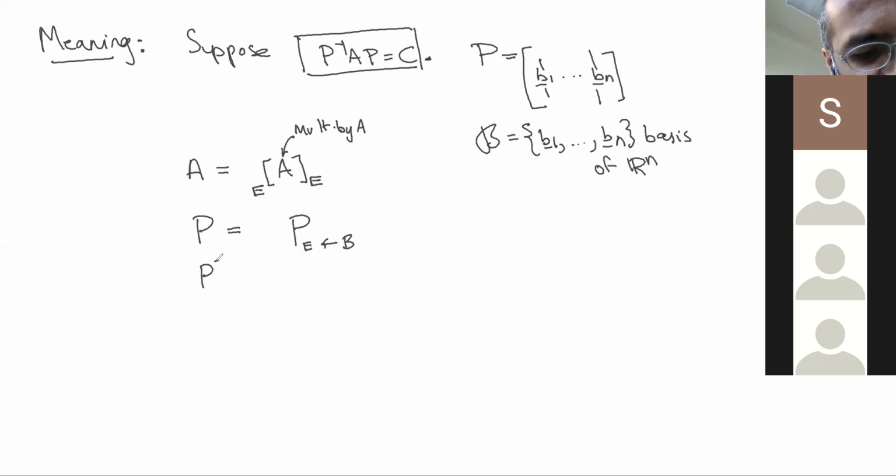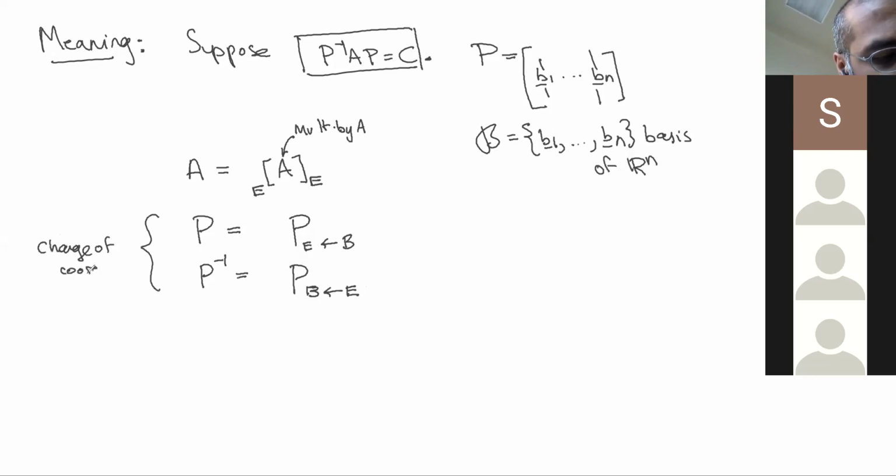Similarly, P inverse, what is that? Well, that's the linear system you solve to turn something from standard coordinates to coordinates in the B basis. So this is actually the change of coordinates matrix P from E to B. This is all coming just from the change of coordinates lecture. So what's the conclusion?